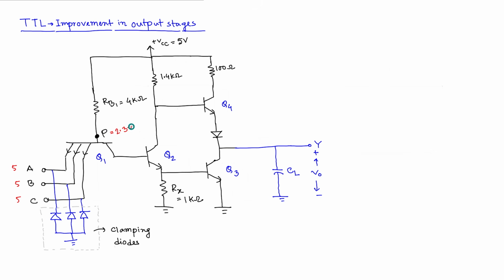That is confirmed, right? Now in this case, because this transistor Q3 is in saturation and at the output we should be getting 0.2, ideally we want this Q4 to be turned off right now.